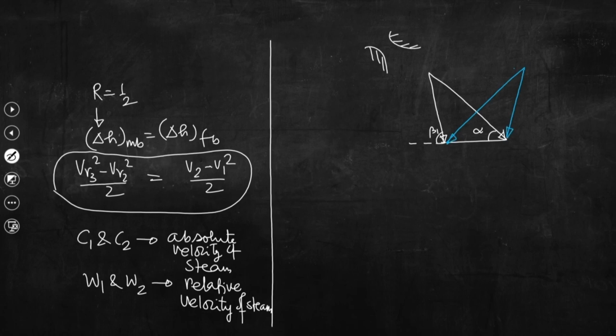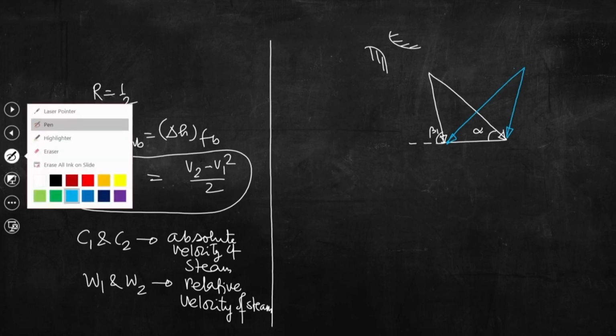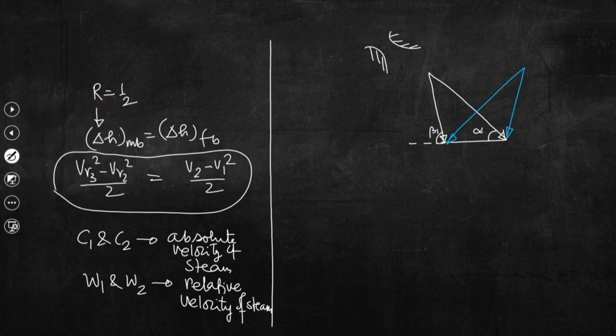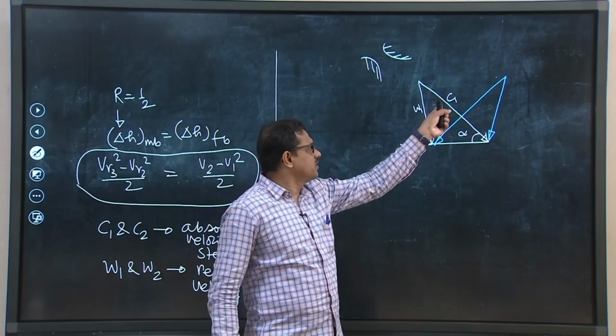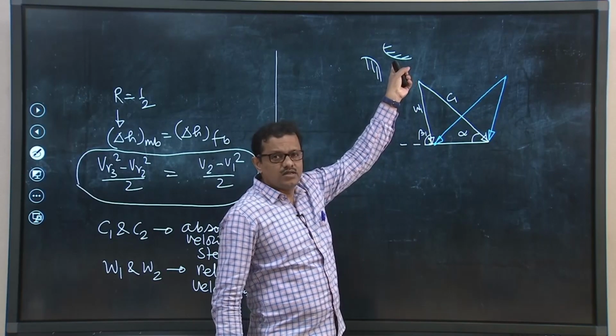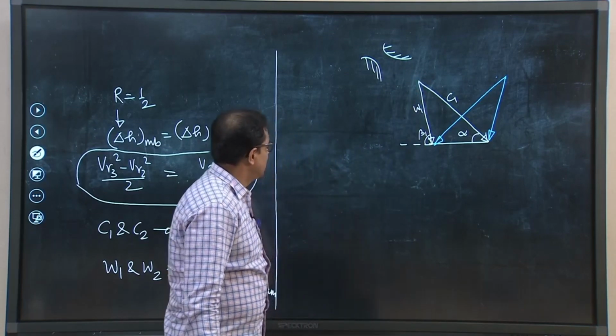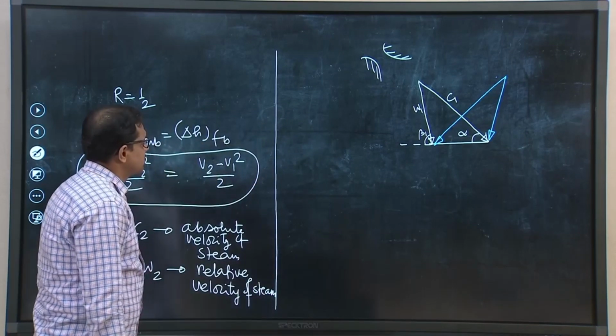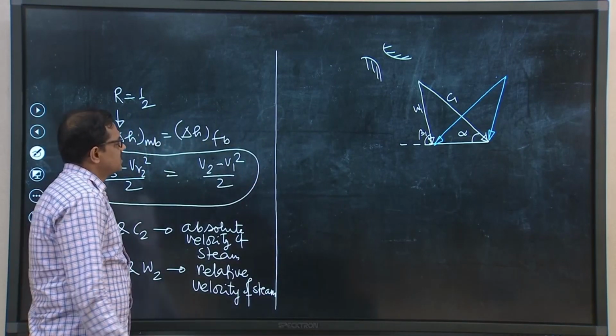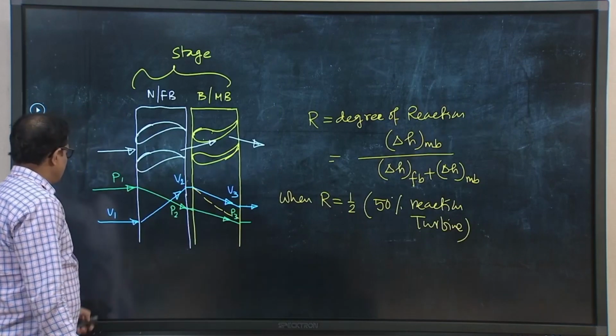Let me again identify the velocity components. This is C1, this is W1, the absolute velocity of steam leaving the nozzle.